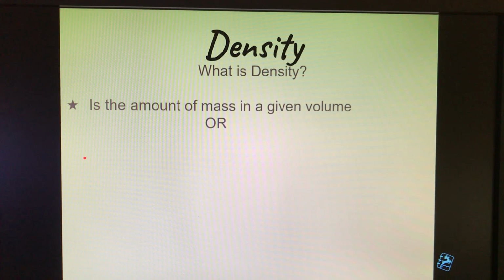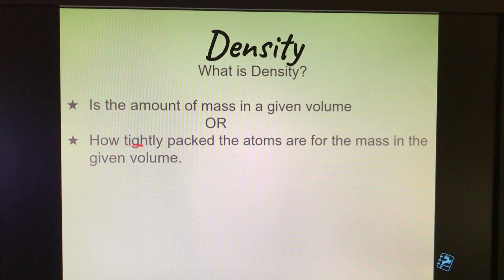Another way of looking at it would be how tightly packed the atoms are for the mass in the given volume. So if you were given a volume, container, its density would be how close and how tightly packed those atoms are for that mass, for that volume.